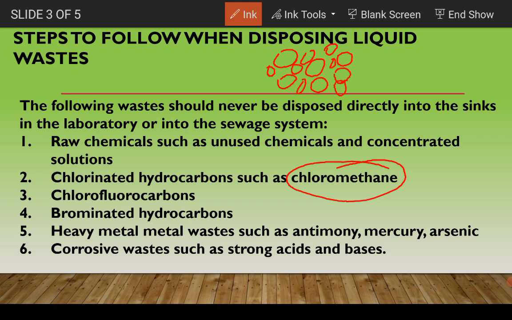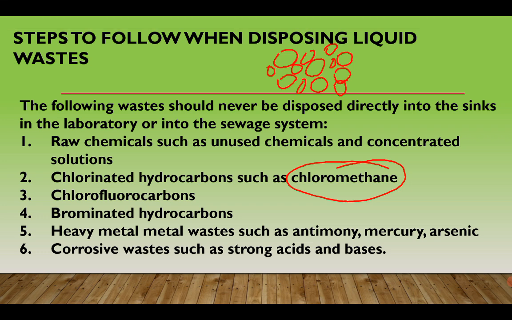We have dichloromethane, which has two chlorines, trichloromethane, which has three chlorine atoms, and tetrachloromethane, also called carbon tetrachloride. These are not supposed to be drained into the sink because they may end up in rivers where they will have a damaging effect on aquatic organisms.